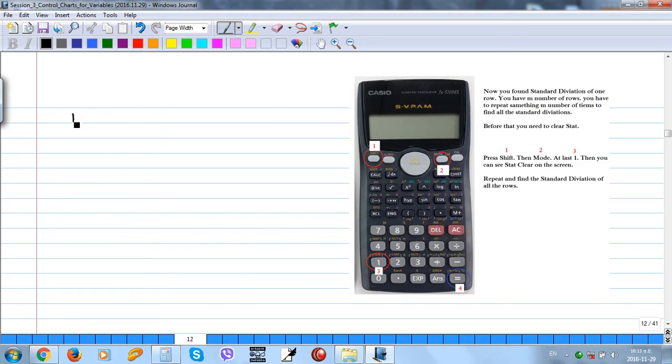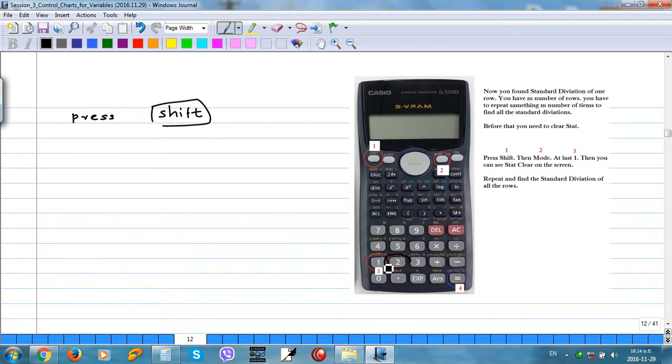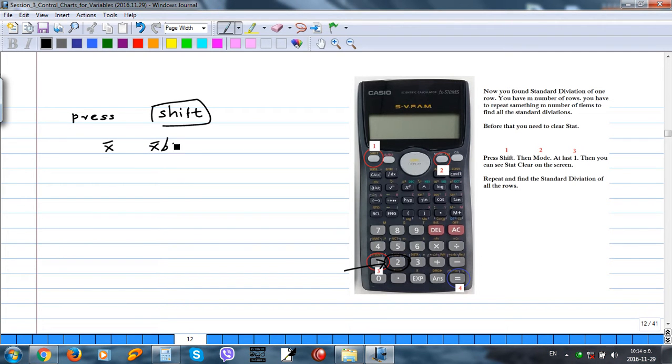First step, press shift and press this one, not this one. You have to press 2. Press 2, and you can see X bar, and here also X bar, and type n and n minus 1.